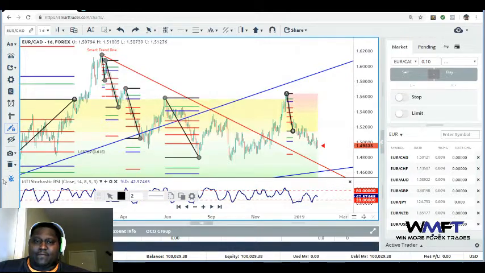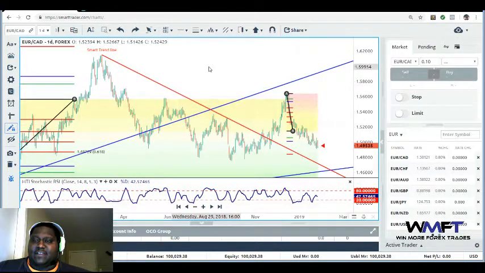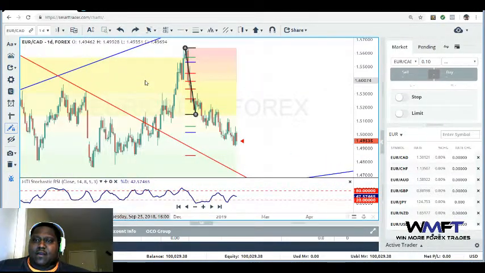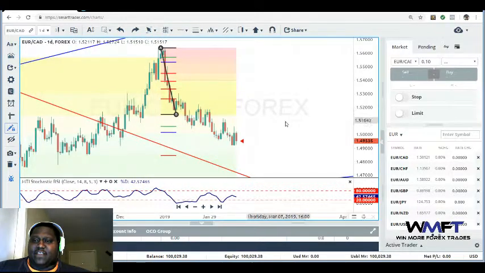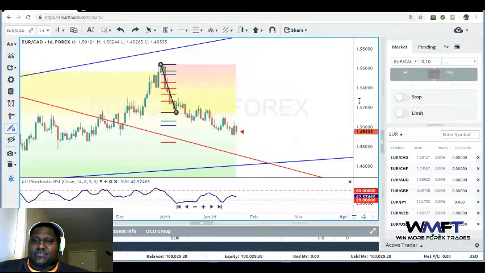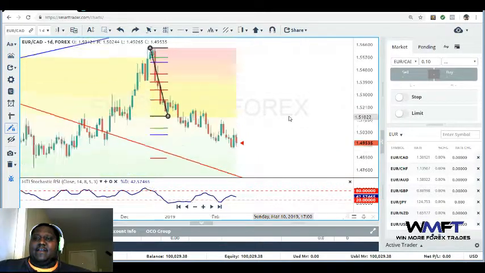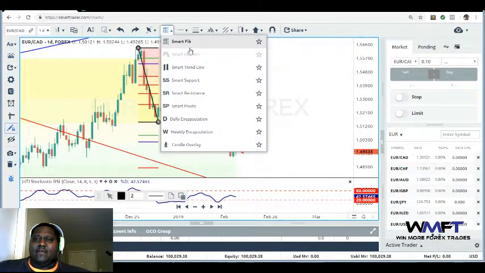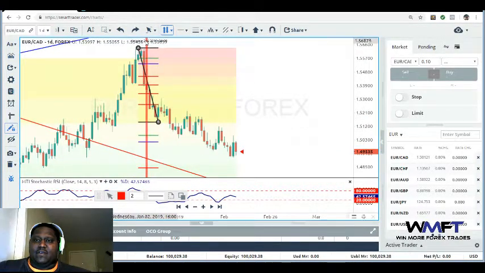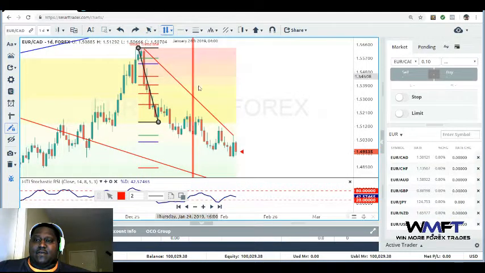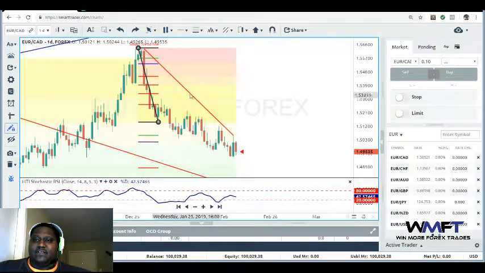From that point, because right now it looks like the market wants to test the backside of that trend line, of this downtrend line. And right now, smart trend line, and on the smart trend line you can see the market is respecting that.